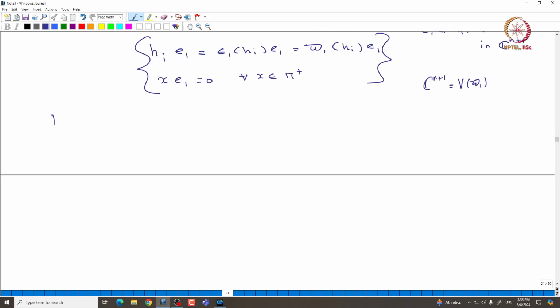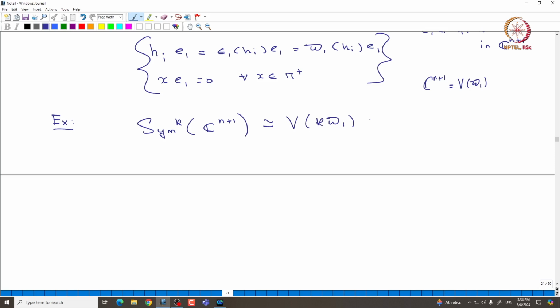and I will leave it as an exercise to prove the following. If you work with the tensor product, there is this natural subrepresentation of it called the symmetric powers. If we take the symmetric powers of this C^{n+1}, then it is naturally isomorphic to V of k omega_1.